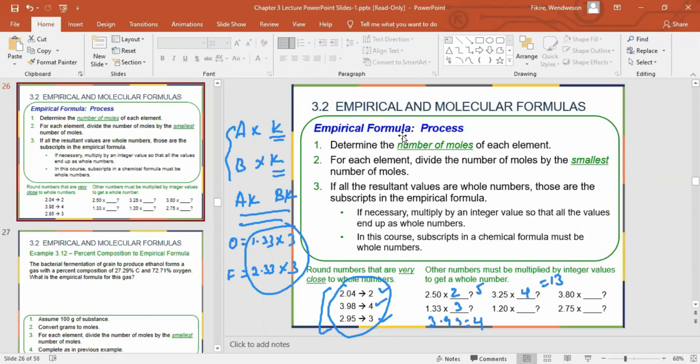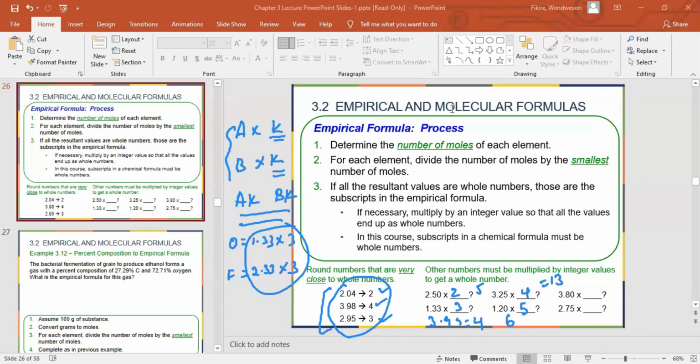Okay, go ahead with 1.20. 5. Okay, Marlene, what's up? 1.20 by 5, what do you get? That's gonna give us 6.